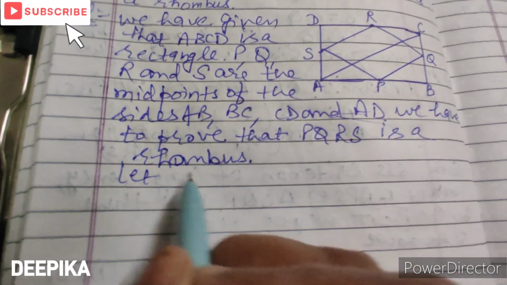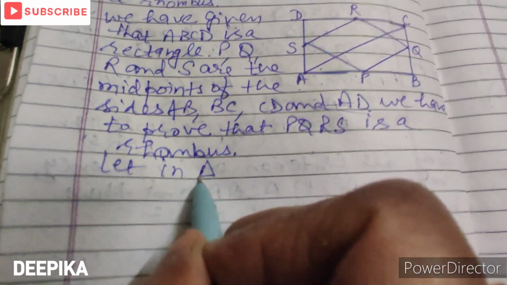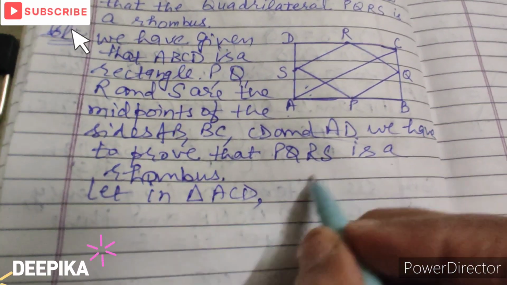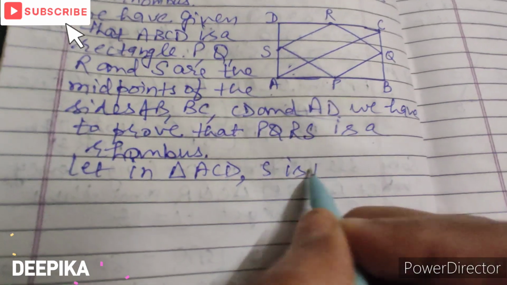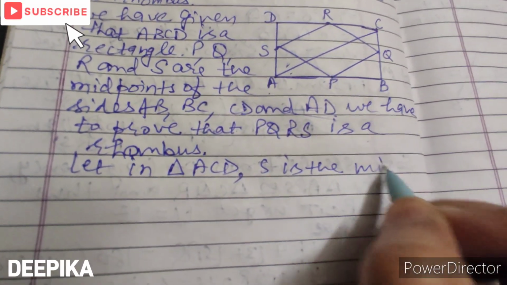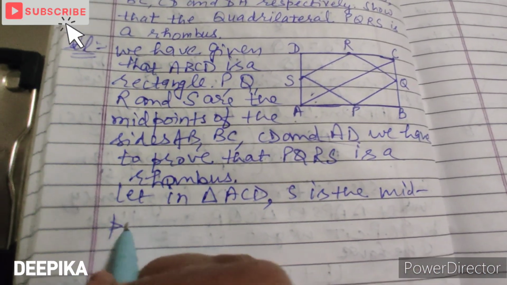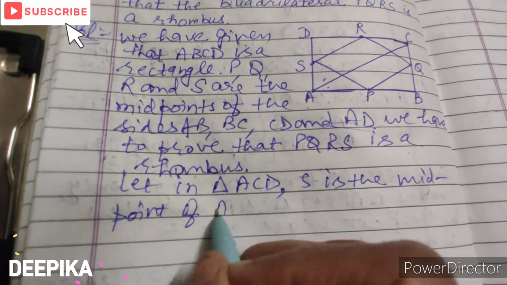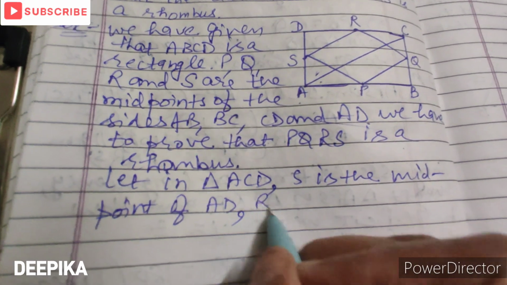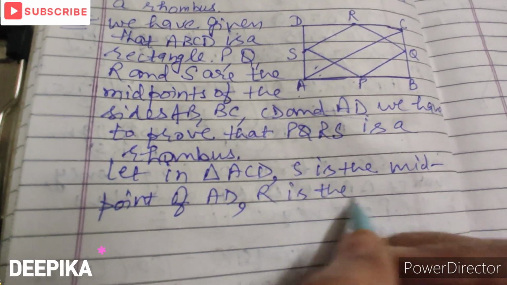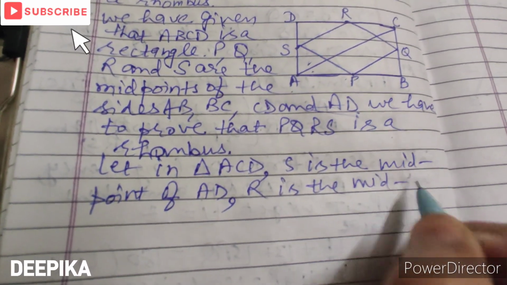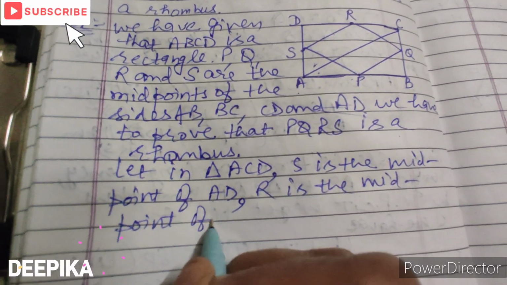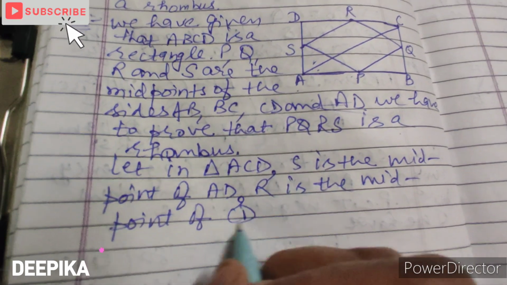Let in triangle ACD, अब ACD में मेरे पास क्या है, S is the midpoint of AD, R is the midpoint of CD.